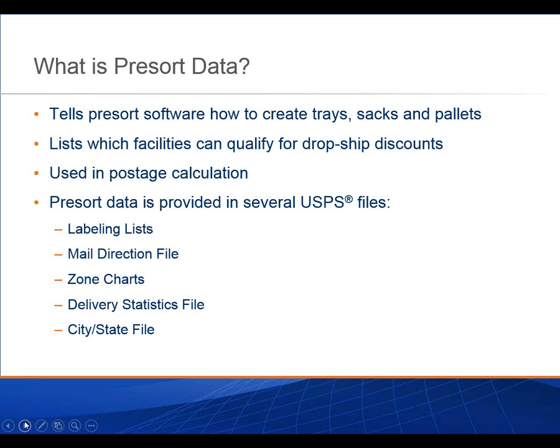Those 2 files are technically considered AIS products. AIS essentially means that they're more address-based files and used also in the CAS process, as opposed to ones like label list, mail direction file, and zone charts, which are really used purely by Presort.